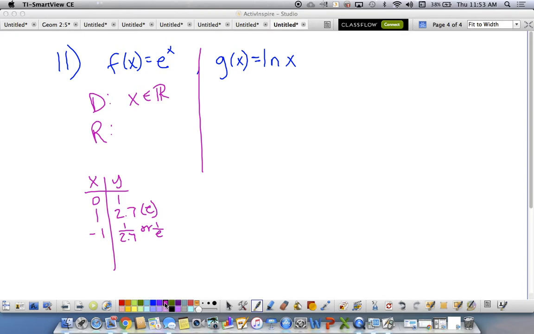E is 2.72, with an infinite number of decimals after that, like pi. But it's just a natural number. Okay, so what happens if I go to 2? They can't be negative. I said that, and I wasn't sure, but I know now.